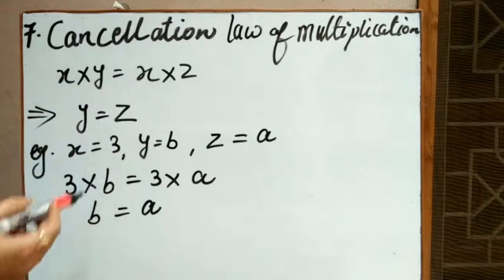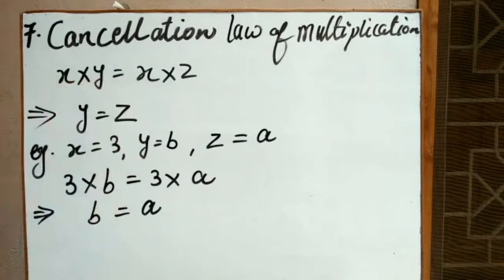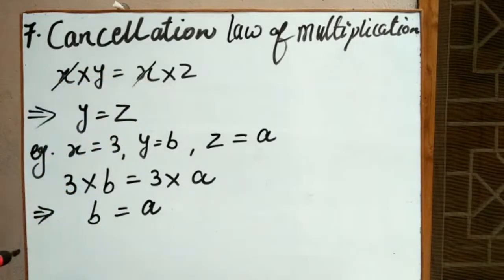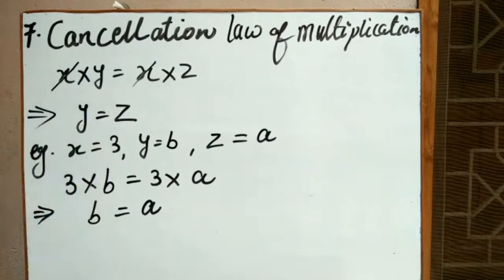We can see here x is on both sides, so x will be cancelled out. This implies that y is equal to z. Understood? Non-zero whole numbers means the whole number is not equal to 0.